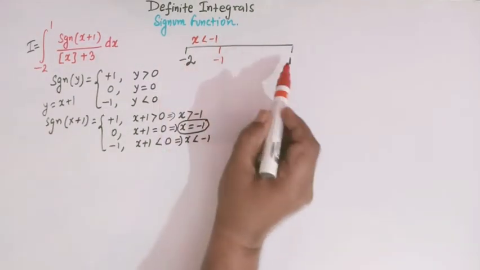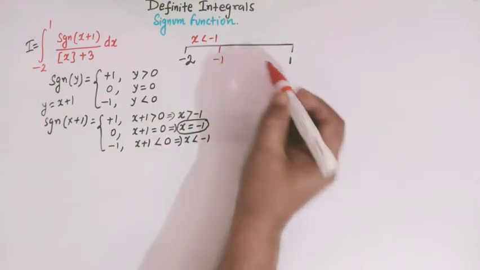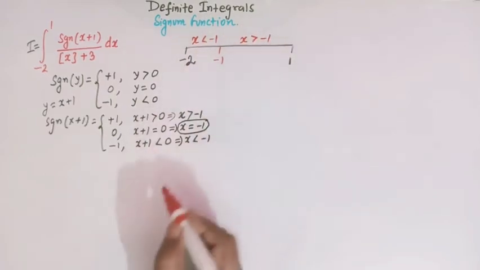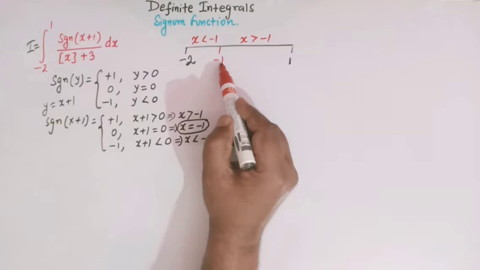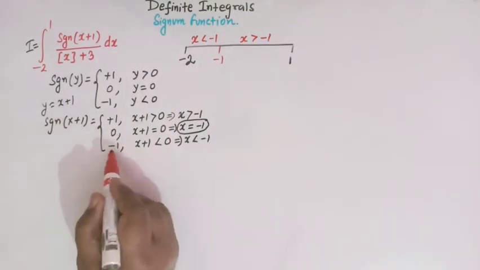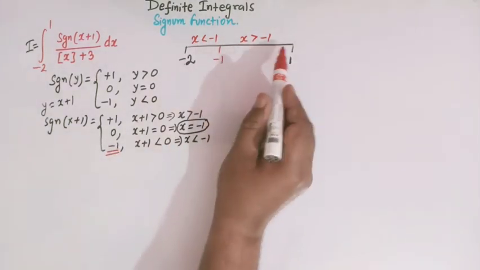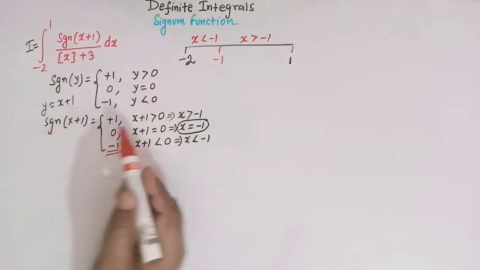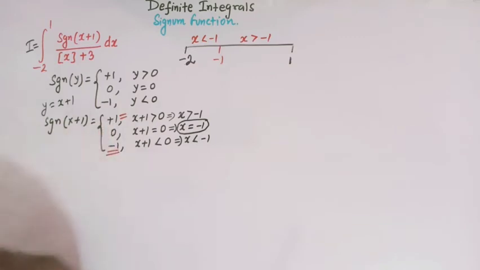And when we take this interval, that is minus 1 to 1, we see that all the values are greater than minus 1, right? So when we take minus 2 to minus 1, then signum of x plus 1 will take this value minus 1, and when we take this interval, that is minus 1 to 1, then signum of x plus 1 would take the value plus 1, right?